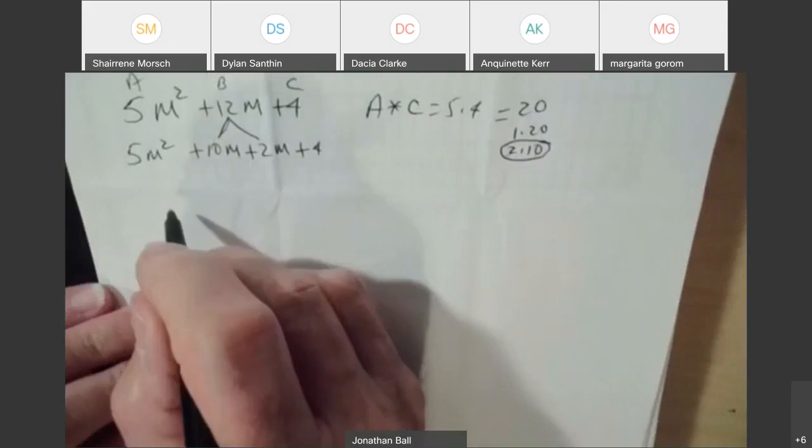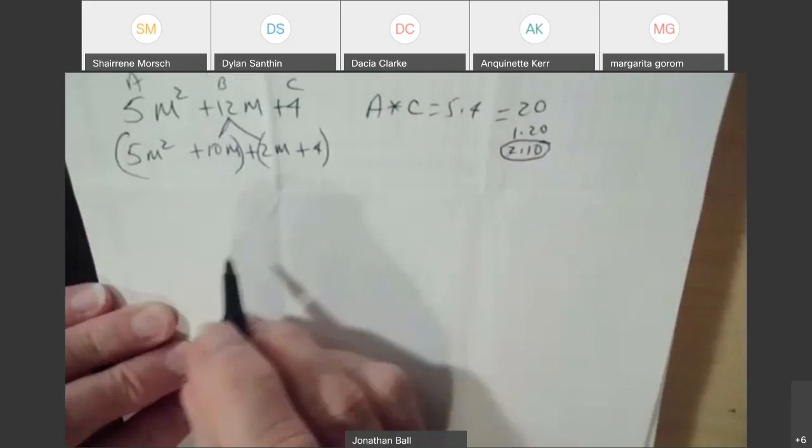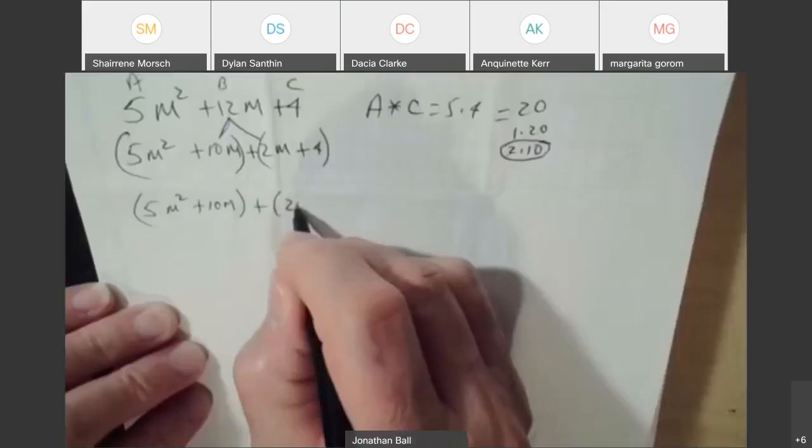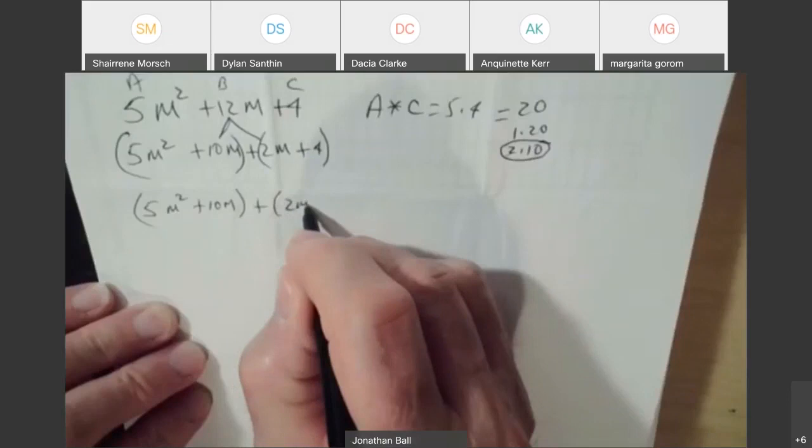So now we group these together. 5m squared plus 10m plus 2m plus 4.